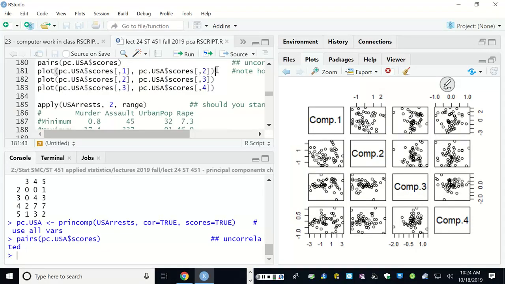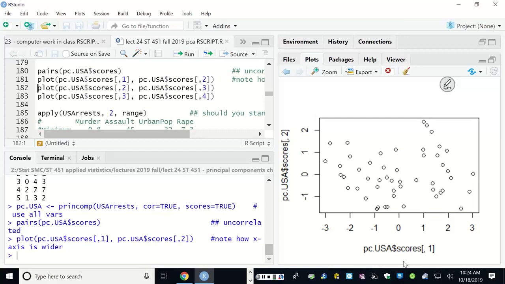If you look at pairs, right, a little bit closer, here's the USA scores 1, USA scores 2, the principal component scores. One thing you can notice, look at these plots, is that as you go deeper into it, further down, the standard deviation tends to get smaller, right? But the variability is biggest for these first ones, and then it gets less. So the first versus second, the variability is bigger in the first dimension.